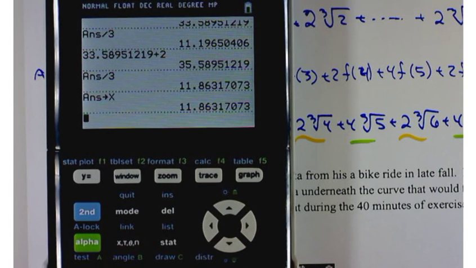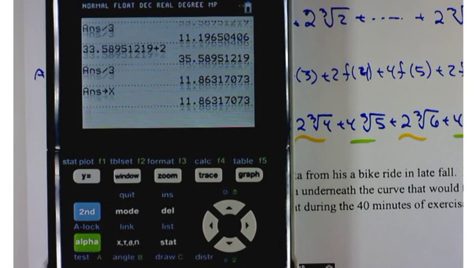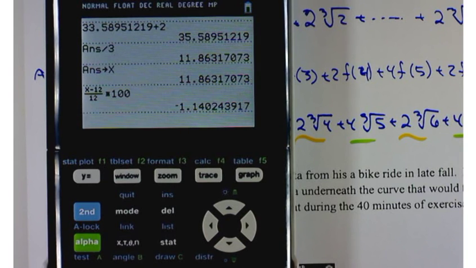We'll take x minus 12, divided by 12, and times 100. So a lot better. We're only off by about 1.14% as opposed to 2.25% for the previous one. So, like I said, a lot better.